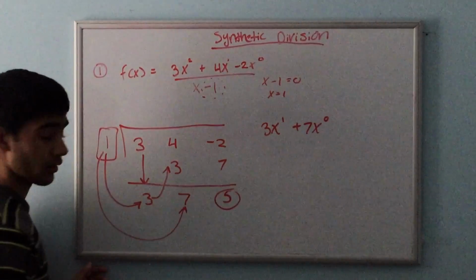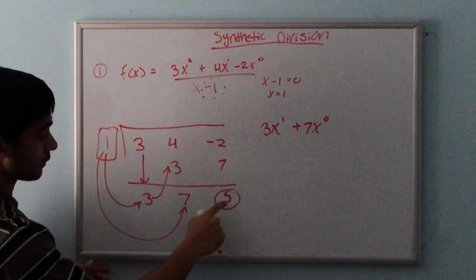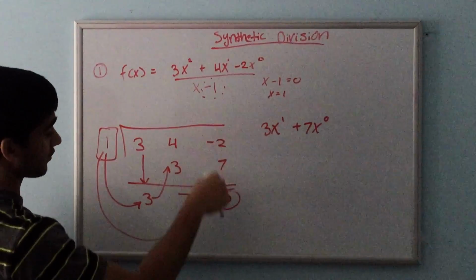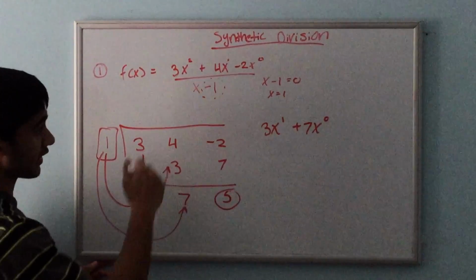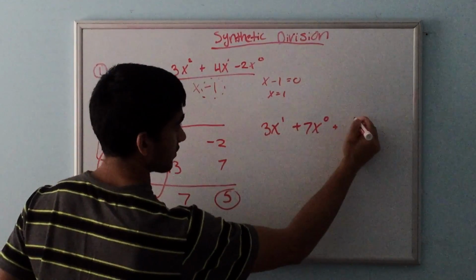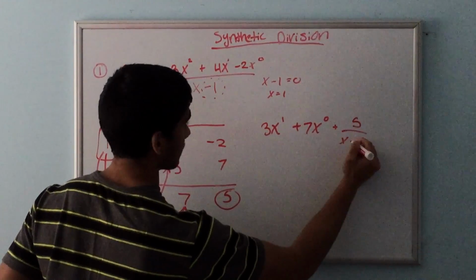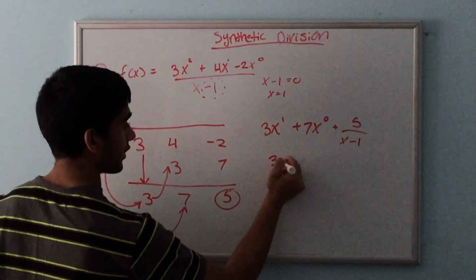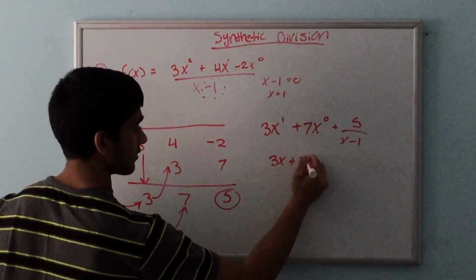And remember, this is a remainder. Anytime there's a remainder, put the 5 over what you're dividing by. So it would be plus 5 over x minus 1. If you simplify this out, you get 3x plus 7.